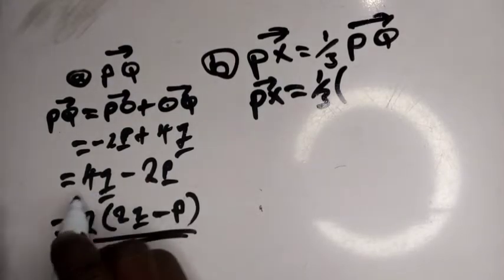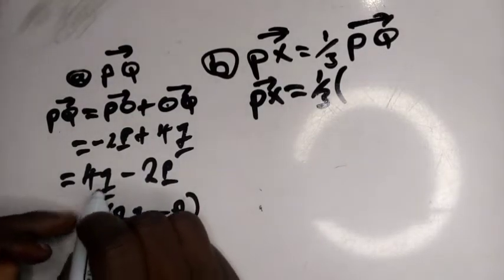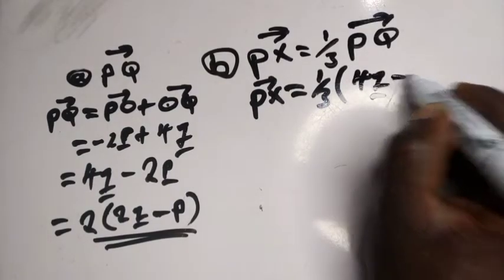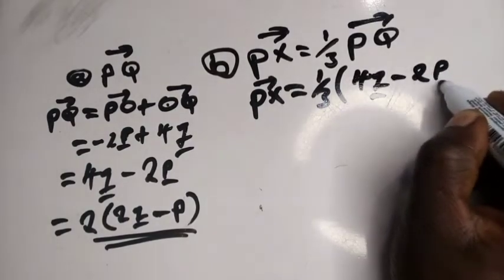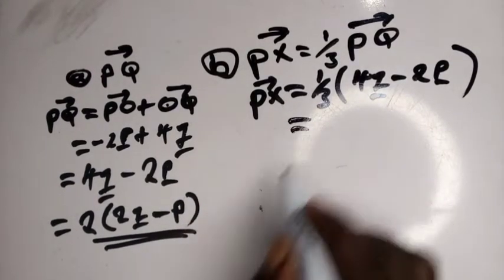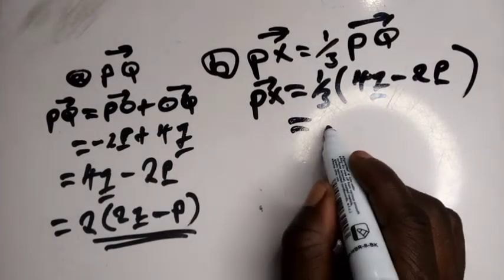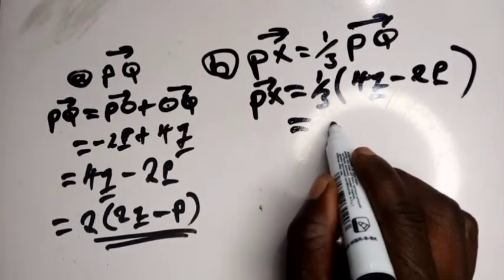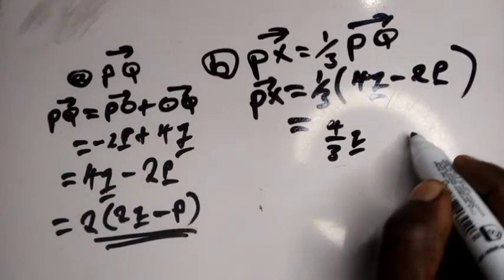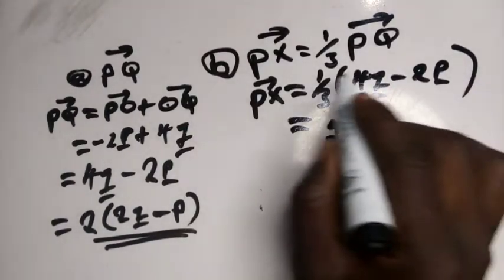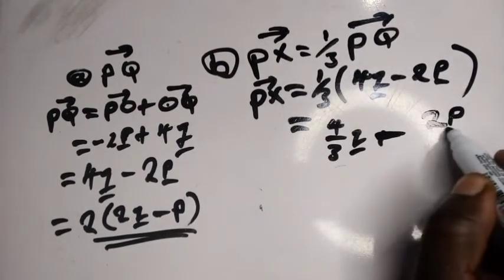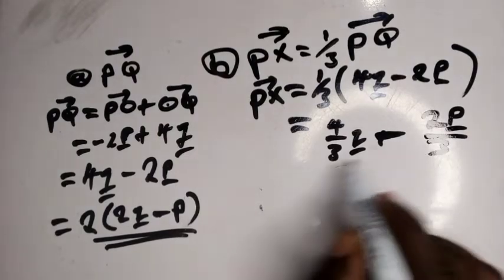Then it will be 4q minus 2p in the brackets. Then let's expand now. When we expand, we are going to have 4 over 3 q minus, when we multiply 1 times 2, 2p over 3.